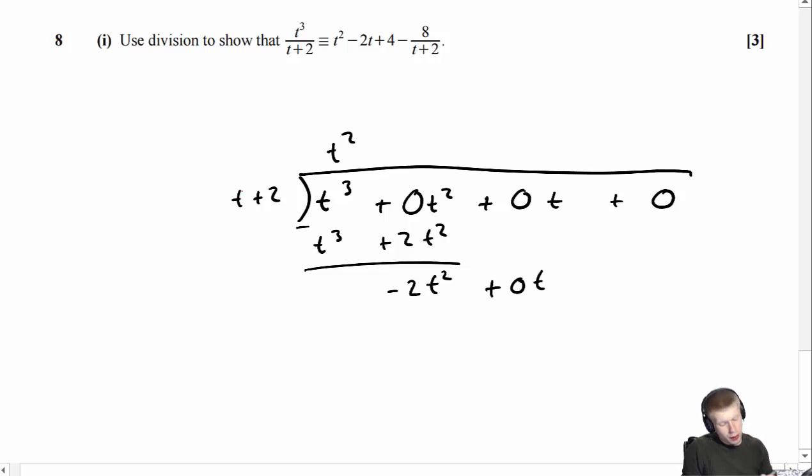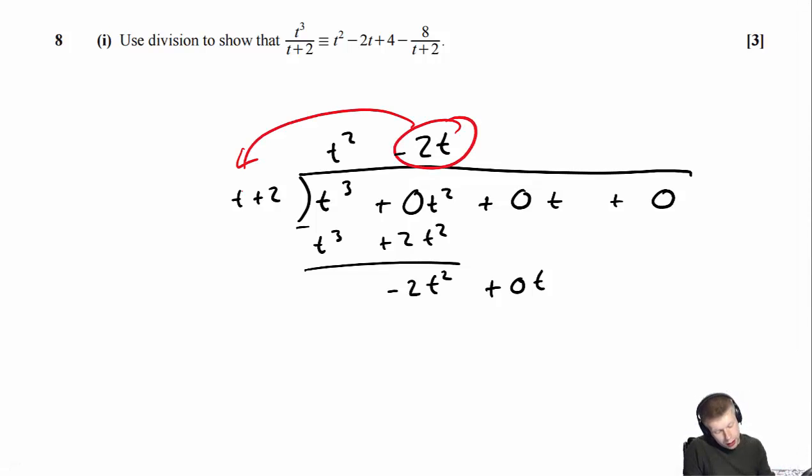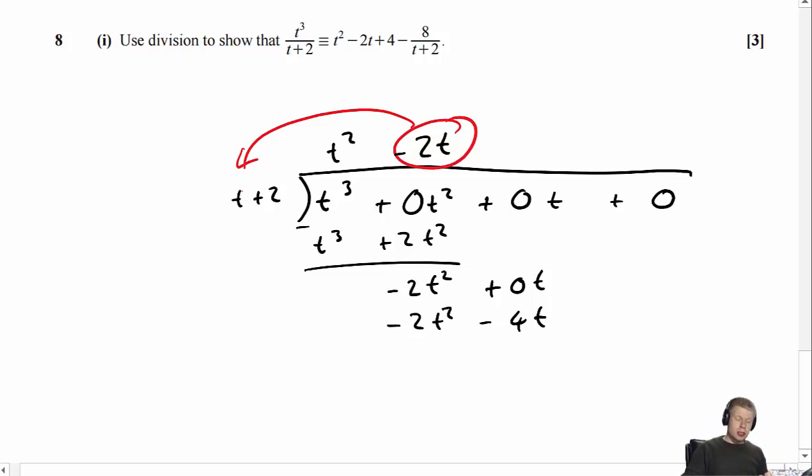Then I ask, how many times does t go into negative 2t squared? Are you happy? It goes in negative 2t times. Obviously it doesn't go in exactly, so I multiply this by t plus 2 to find the remainder, and I find that it's negative 2t squared minus 4t, because negative 2t multiplied by 2 is negative 4t.